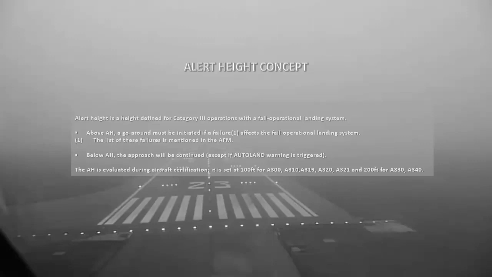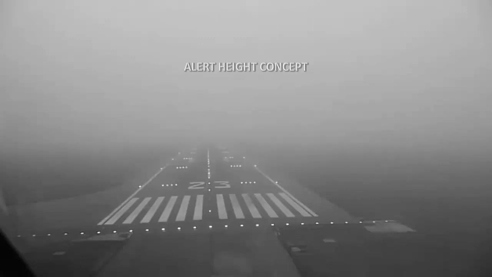Below alert height, the approach will be continued, except if auto-land warning is triggered. The alert height is evaluated during aircraft certification. It is set at 100 feet for Airbus 300, 310, 320 family, and 200 feet for Airbus 330, 340.